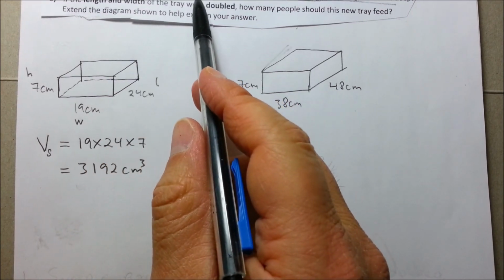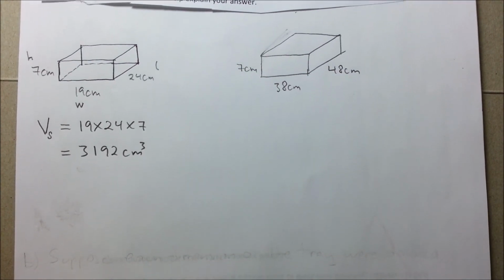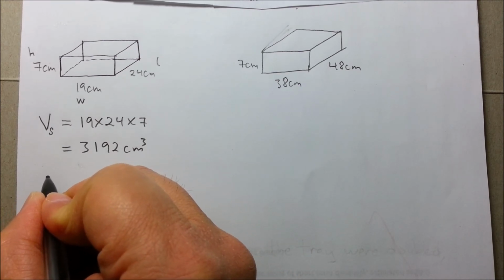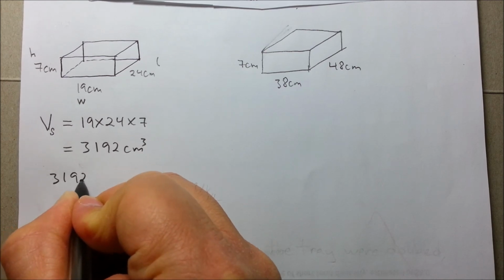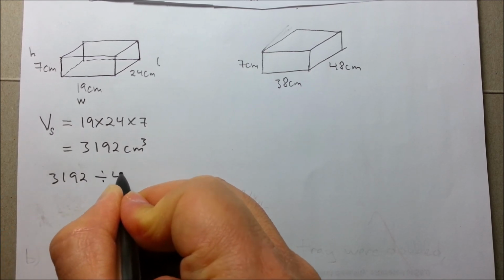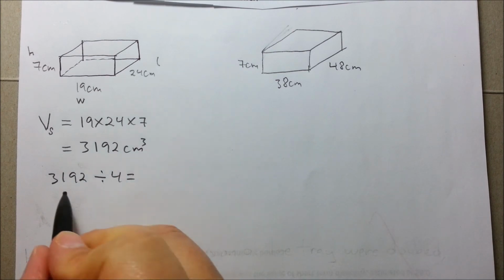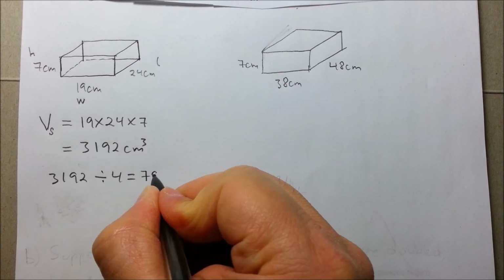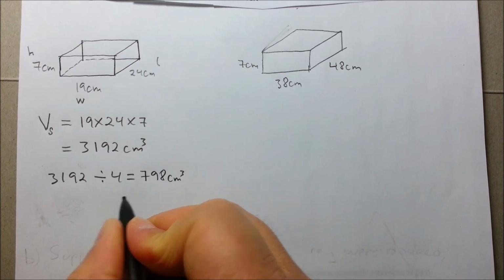They say it feeds 4 people, so that means each person gets a certain amount. So how do we calculate that? Well, we simply have to divide the volume, 3,192, divided by 4 people to see how much each of these people got. You take these two, you divide them, and you should get 798 centimeters cubed per person, right?